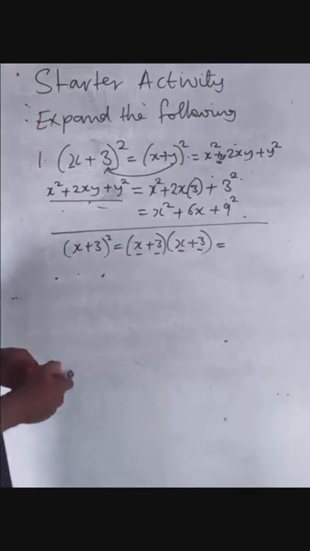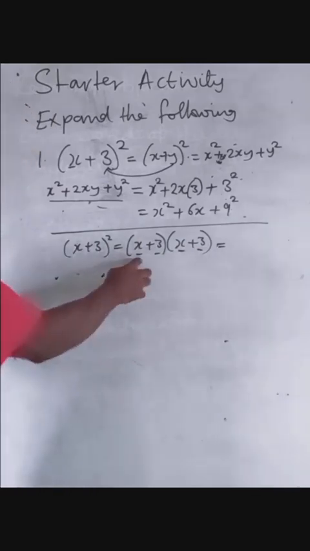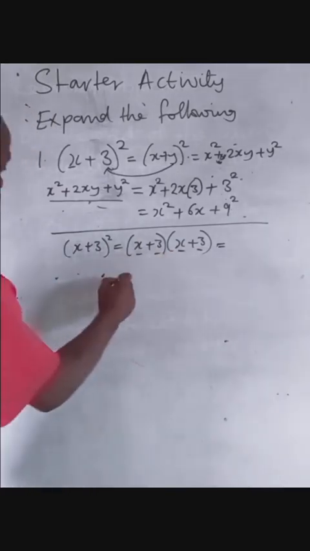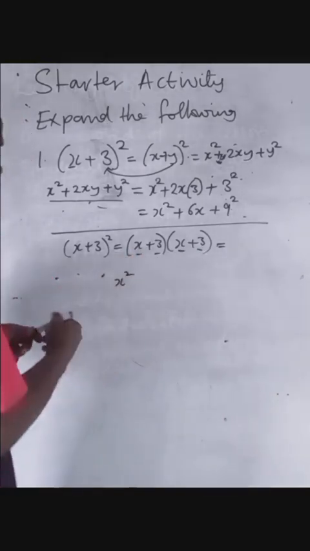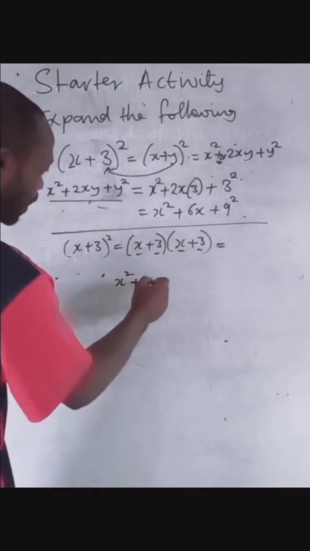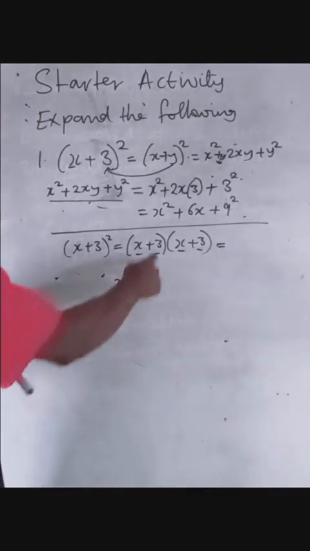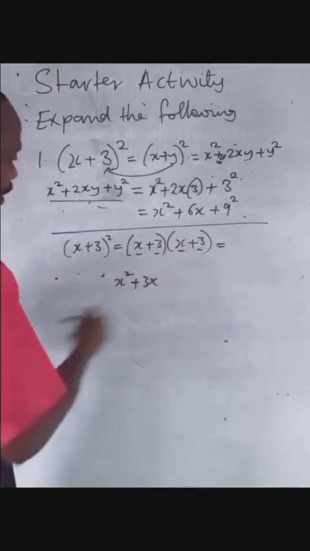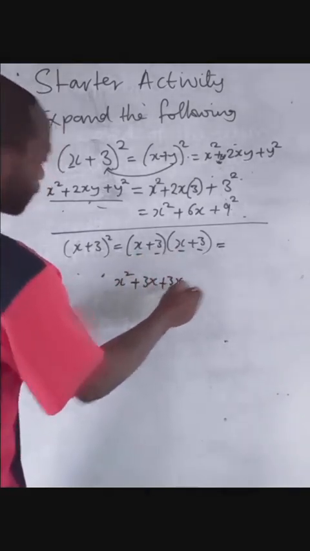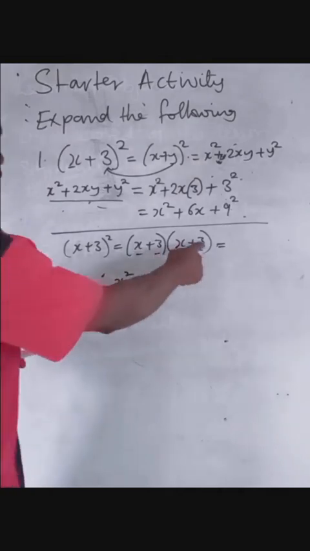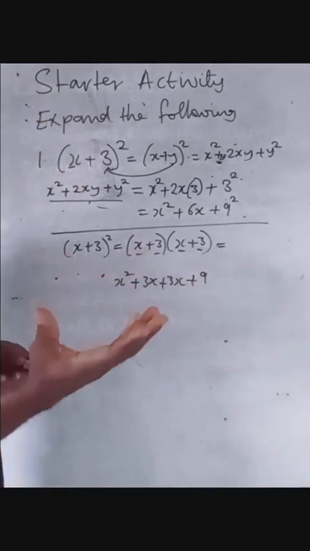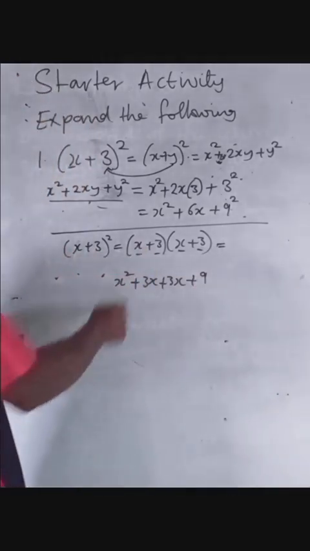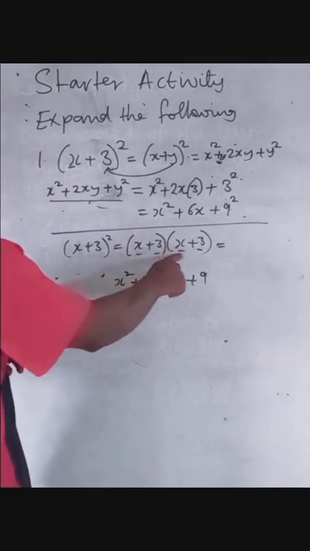We use the terms x and 3 in this bracket to multiply each term in the second bracket. So x multiplied by x is going to be x squared. X multiplied by 3 is going to be plus 3x. 3 multiplied by x is plus 3x. 3 multiplied by 3 is plus 9. Now watch closely. Let me explain something.